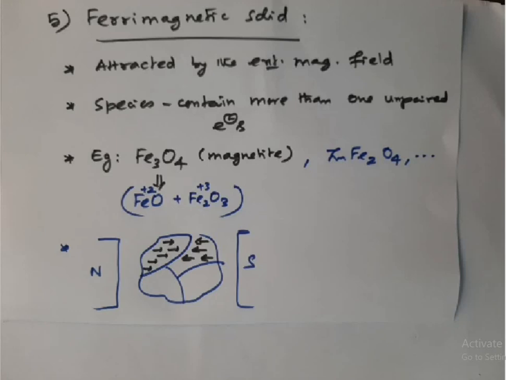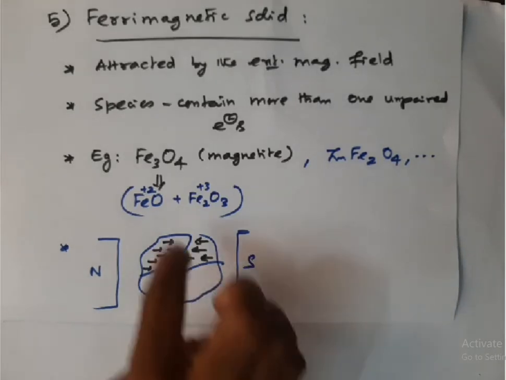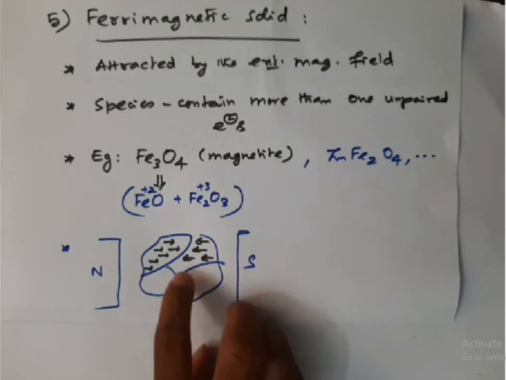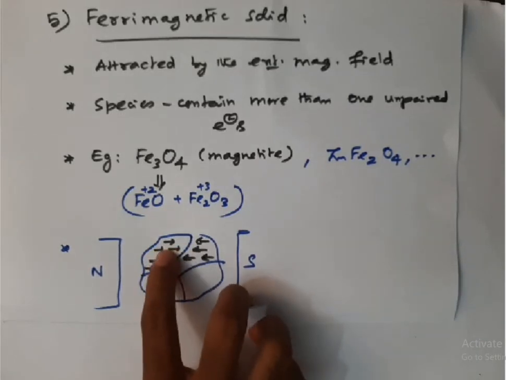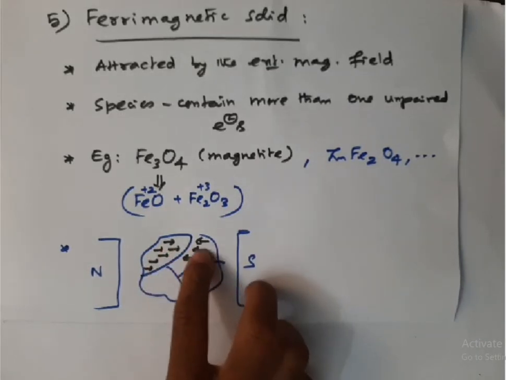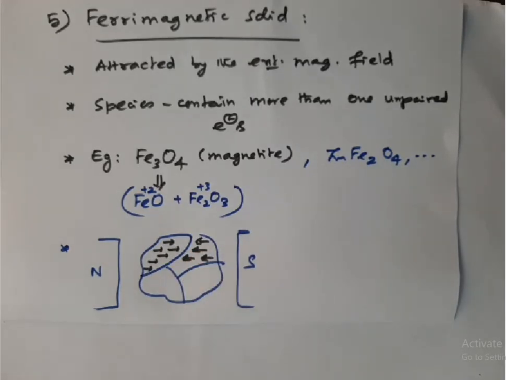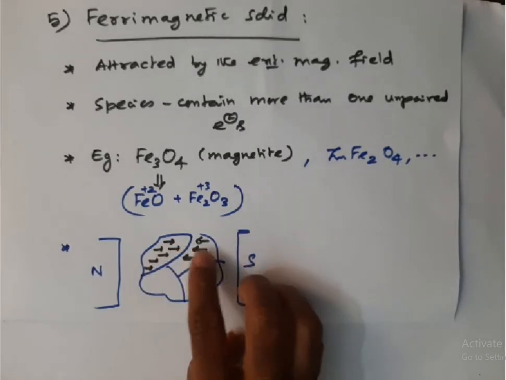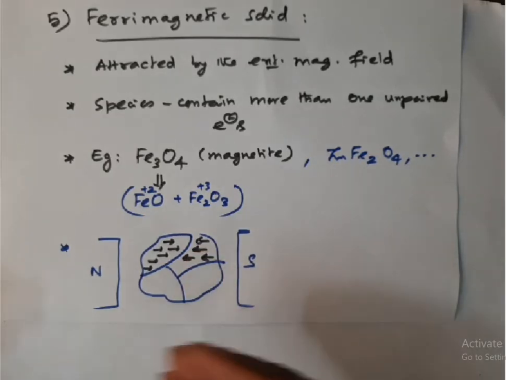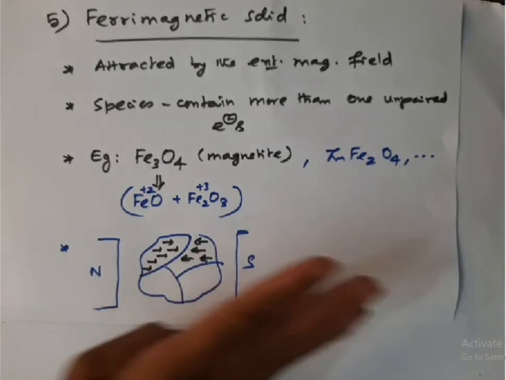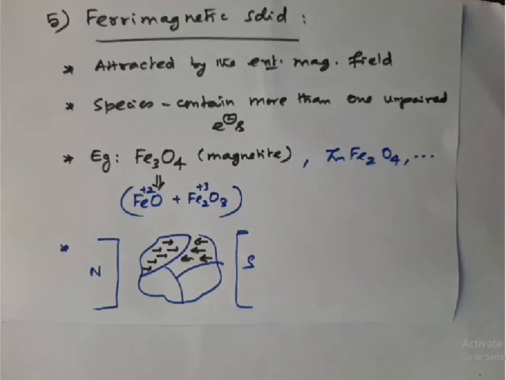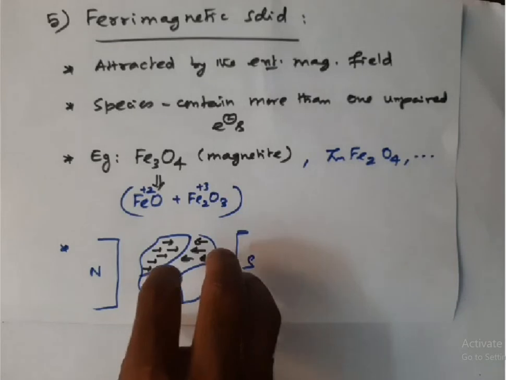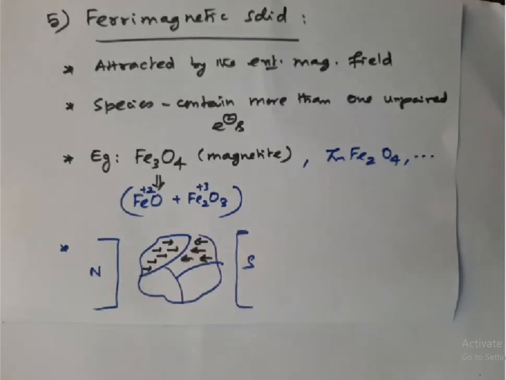But in a ferrimagnetic material, the magnetic moments of one domain and of the other domain oppose, but in unequal number. Suppose here I have six magnetic moments and here only 4. If they oppose, 4 cancel. The remaining 2 will exist in the same direction as the external magnetic field. Therefore, they are weakly attracted by the magnet.